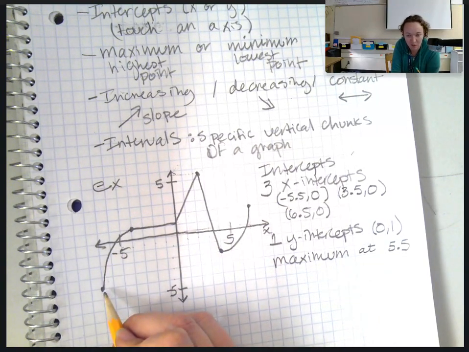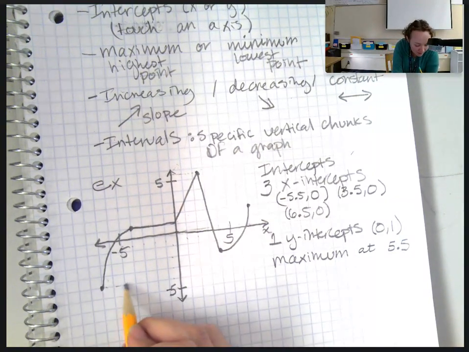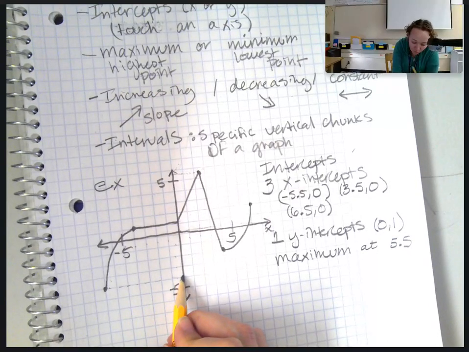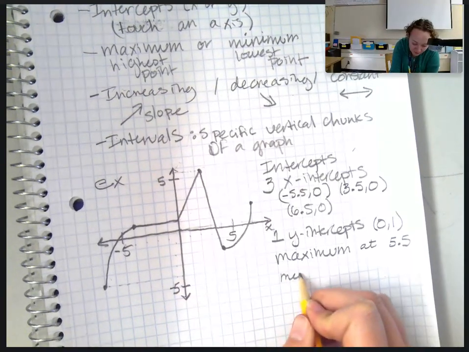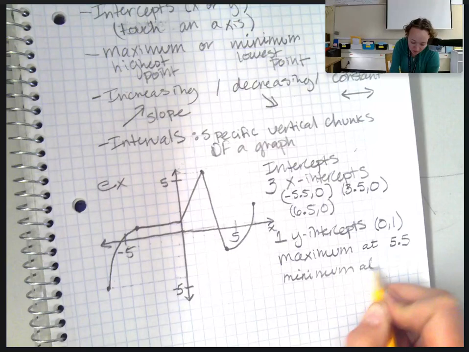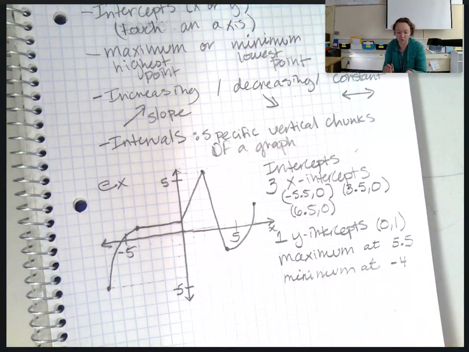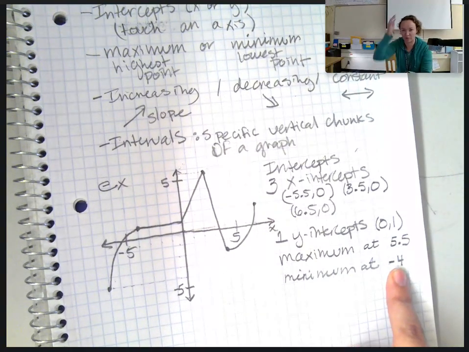This point is lower because we're literally talking about low on the y-axis, and this point is at negative 4. So minimum at negative 4. And we don't report the full coordinate for that. We just say the y coordinate for those.